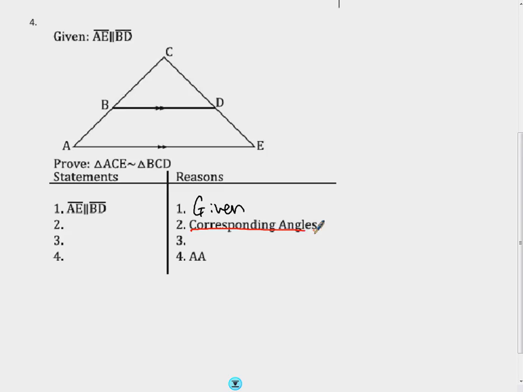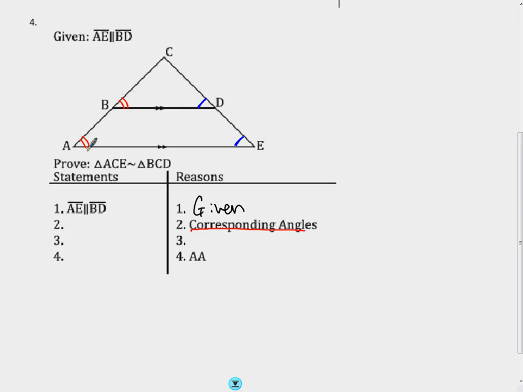CBD and A. Mr. Ausel, you saying I could write either of those in there? Yes. Either of those would be correct for corresponding angles. So let's go ahead and say angle CBD is congruent to angle A.